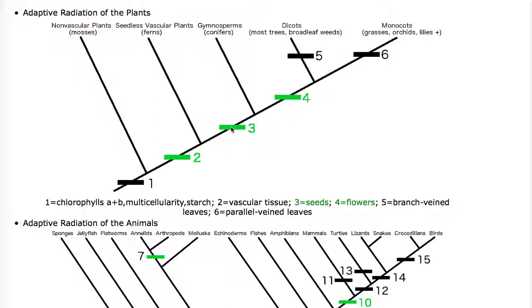That brings us to number three, which is maybe the most pivotal step on this cladogram. That was the invention of seeds. Seeds are a great structure for plant reproduction in that they protect the plant embryo and make it possible to move that embryo deliberately away from the parent plant and thus reduce competition at the parent plant.